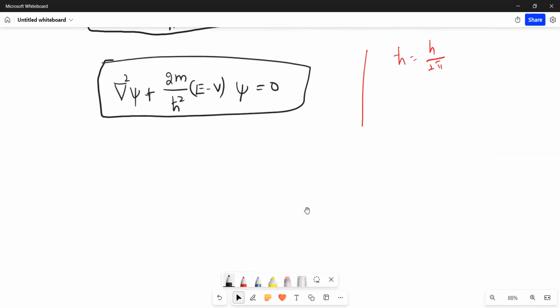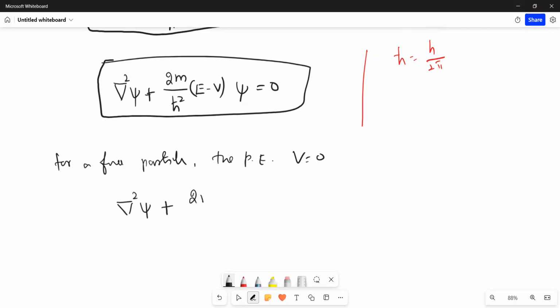So here one small case for a free particle. For a free particle means the potential energy V can be 0. If V is 0 means what you will get, the same equation turns into del square psi plus 2m E by h cross square psi equal to 0.